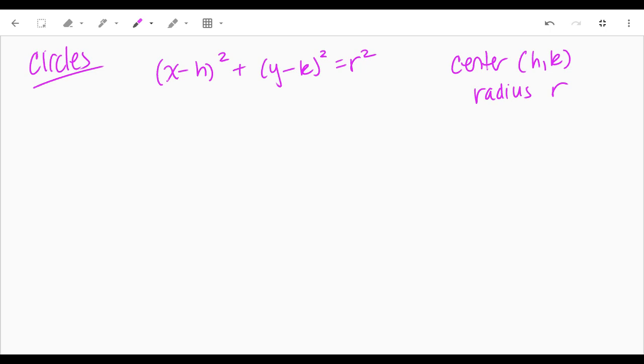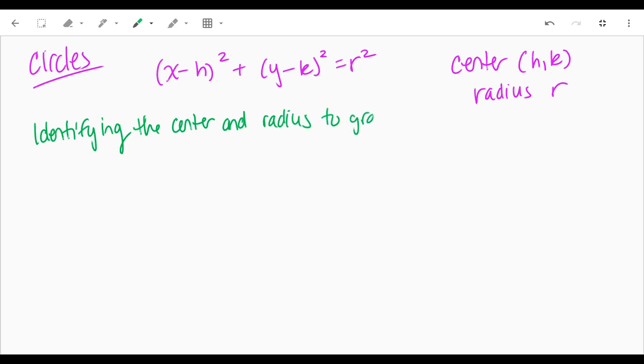So the first problem that we have is going to be very straightforward. It's probably going to take me longer to write the title than it is to show you how to do it. Identifying the center and radius to graph a circle given its equation in standard form.